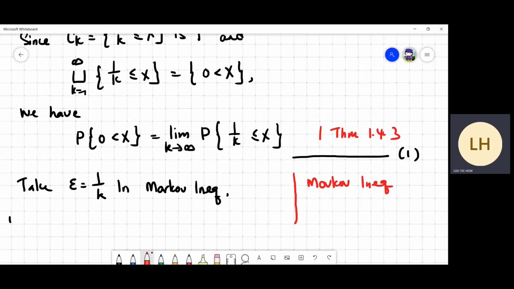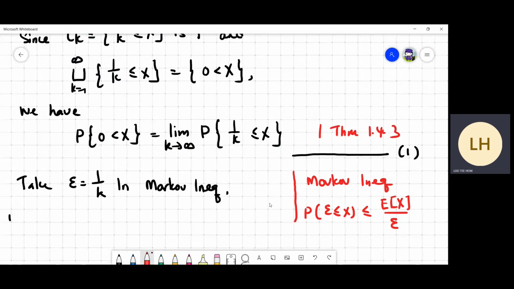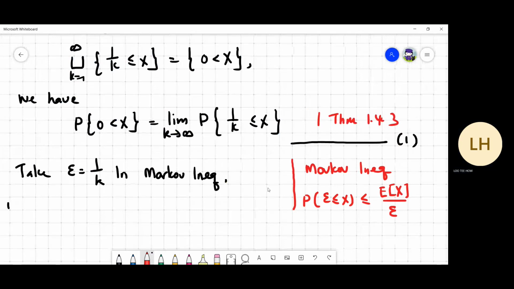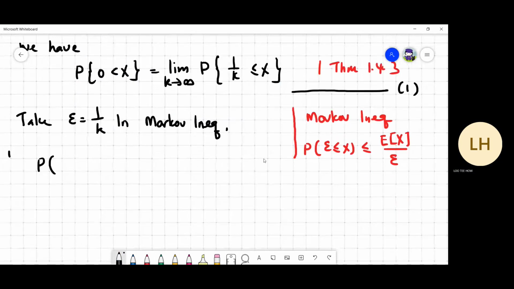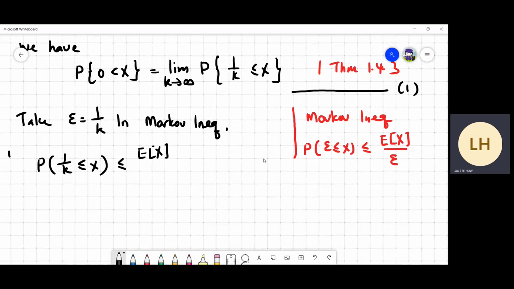Our Markov inequality is like this: P of x greater or equal to epsilon will be less or equal to E of x over epsilon. So if we put epsilon to be 1 over k here, we are going to have P of x greater or equal to 1 over k less or equal to E of x over 1 over k. We're just substituting our epsilon here.